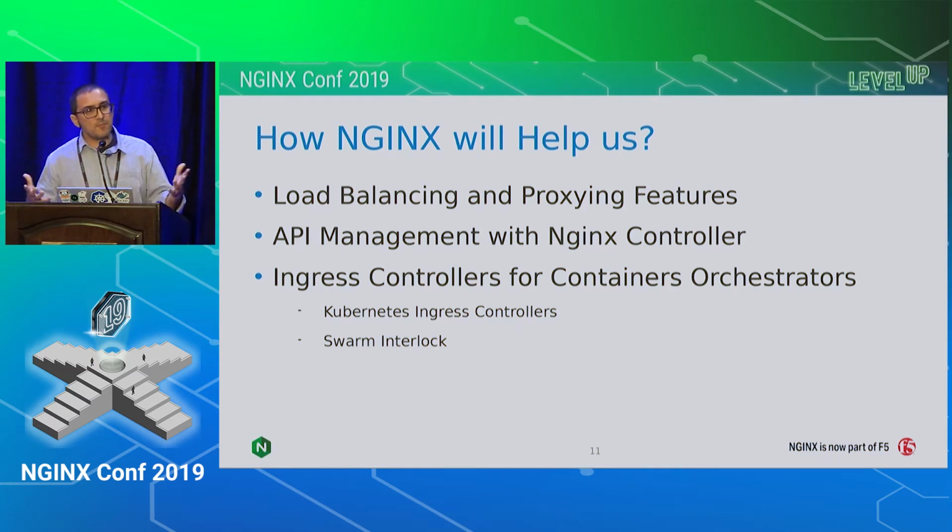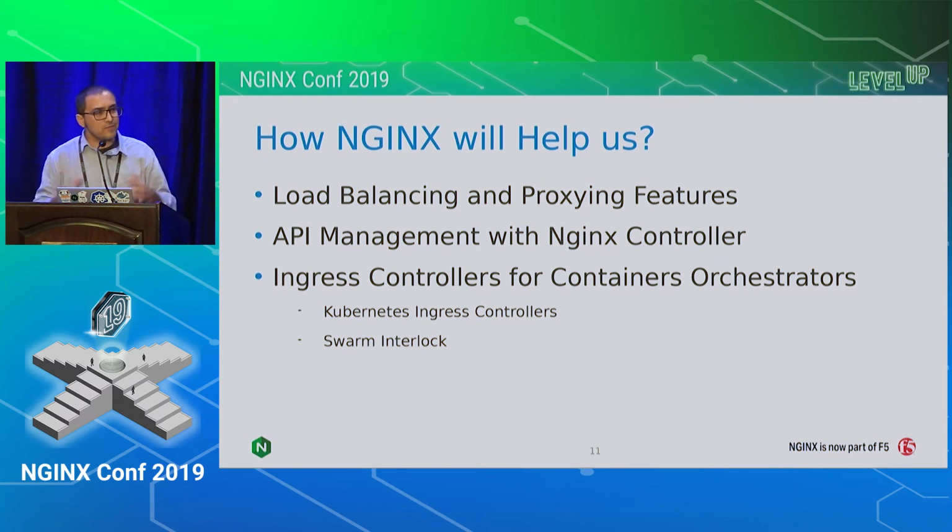We have the API management, which will help us to allow different applications to talk with each other, something that we're not going to cover in this session, but it's something that NGINX provides us. And of course, if our applications are only based on containers, we have what they called in the past Ingress controllers, and we have a couple of examples.